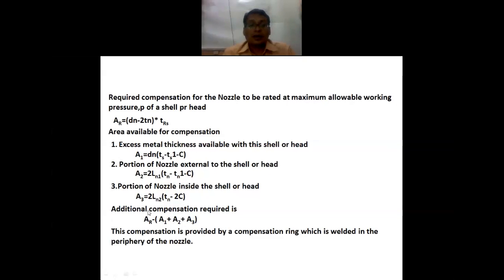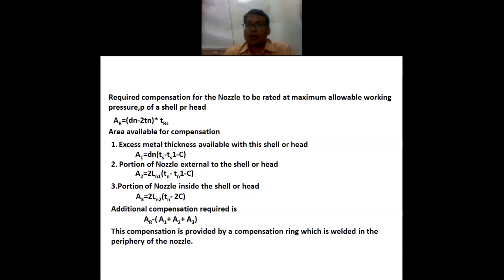Then the additional compensation required will be equal to AR minus the already available compensation. A1, A2 and A3 are the already available compensations, and AR is what is actually required. So AR minus the already available compensations.